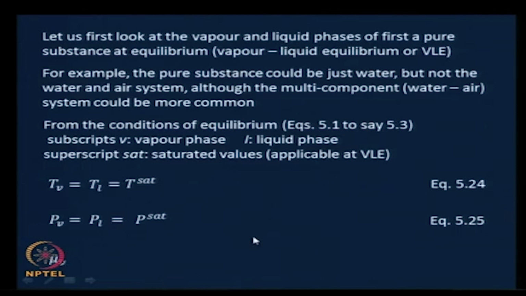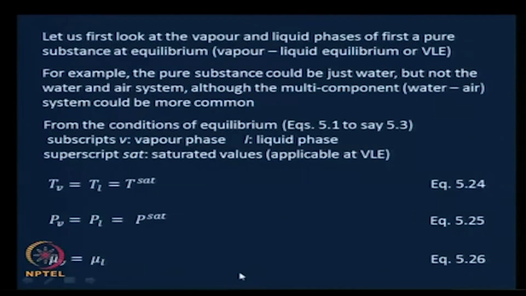And the chemical potential, in this case only water is present, therefore, the chemical potential of water in the vapor phase must equal the chemical potential of water in the liquid phase, and that is the only substance present in either phase. There is no other substance present, and that is equation 5.26.